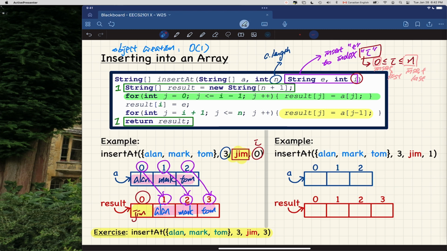Now I want to insert, I still got the same input array, Alan, Mark, and also Tom. I want to insert Jim over here into index 1.